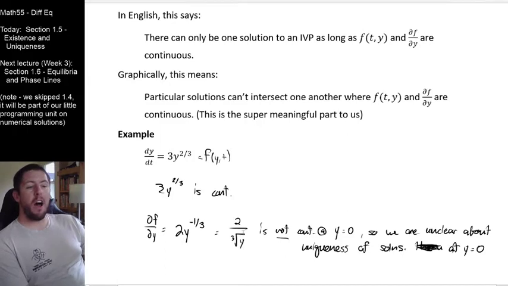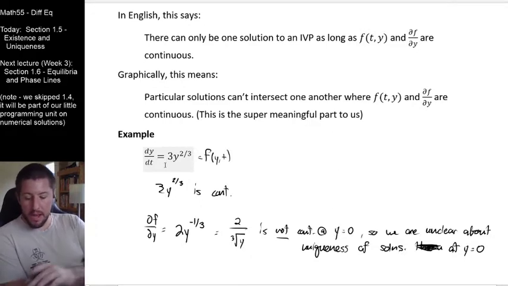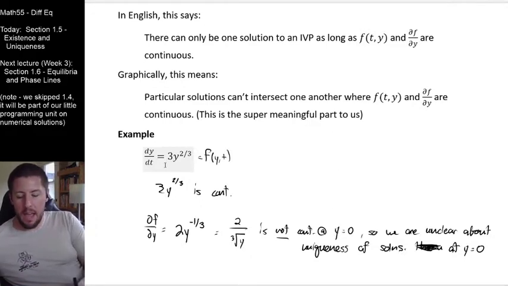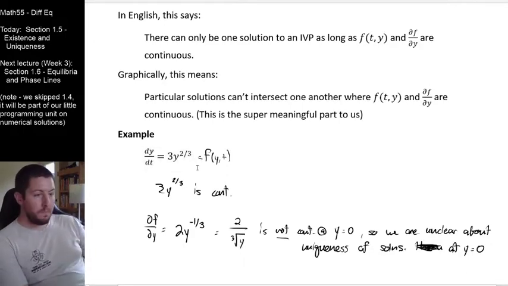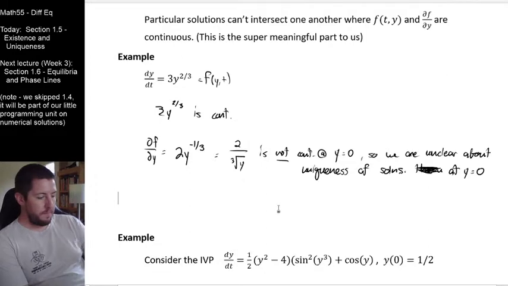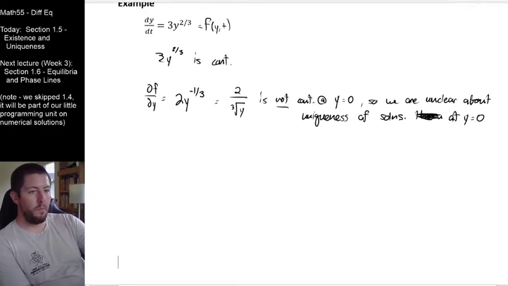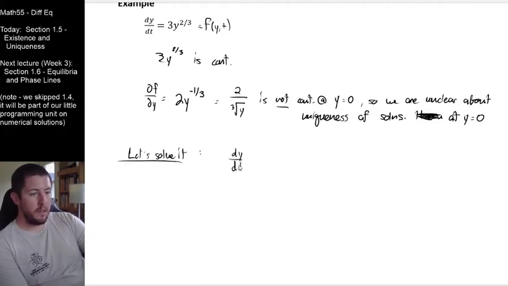So now that we've thought about how this differential equation relates to the uniqueness theorem, let's actually solve it and see what pops out. So dy/dt equals 3y to the 2/3.